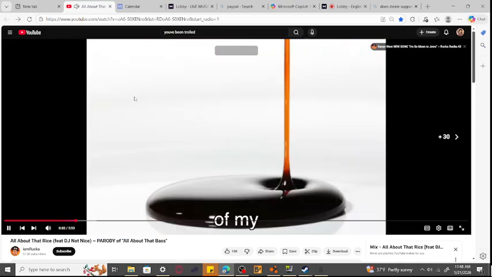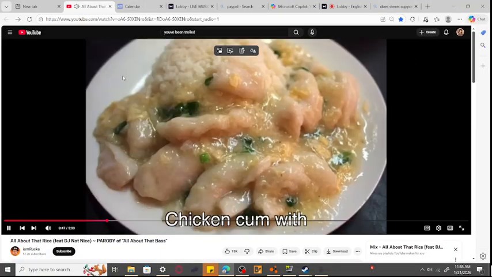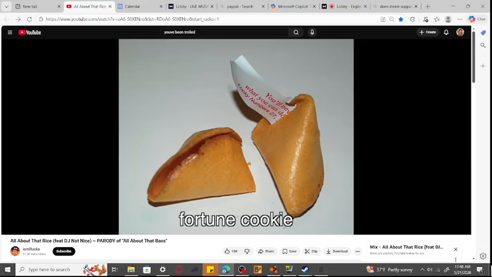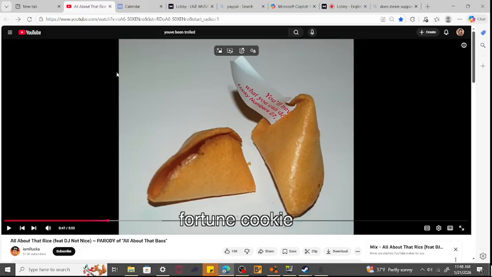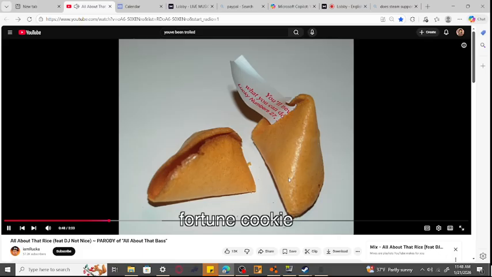Hockey and all the rice. Eat it up, chicken come with. Fortune cookie and a wonton.